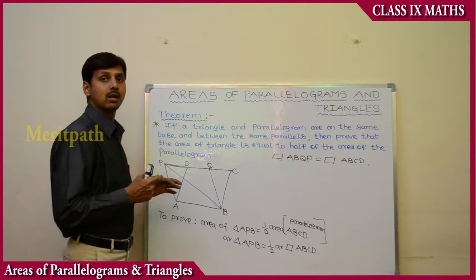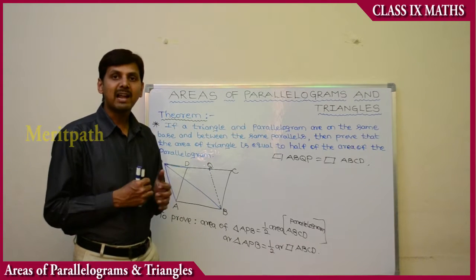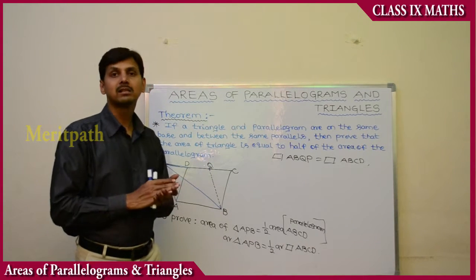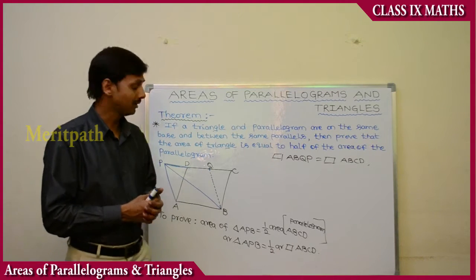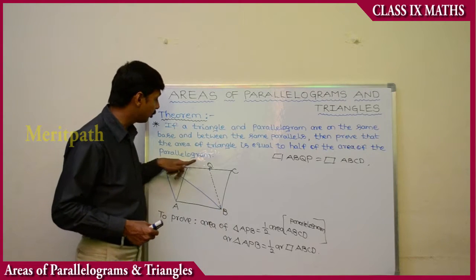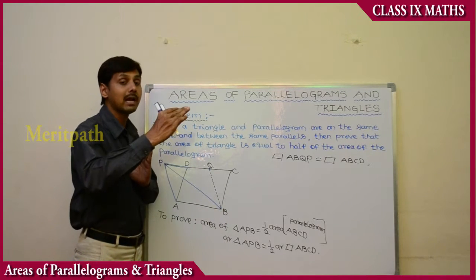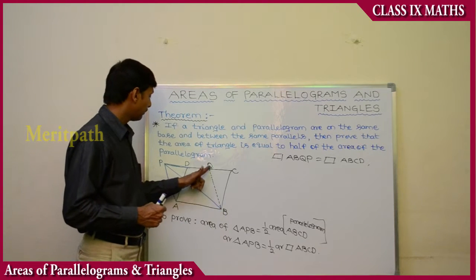We know the property of a parallelogram: the diagonal divides the parallelogram into two congruent triangles. So BP divides the parallelogram ABQP into two congruent triangles, triangle ABP and triangle BQP.